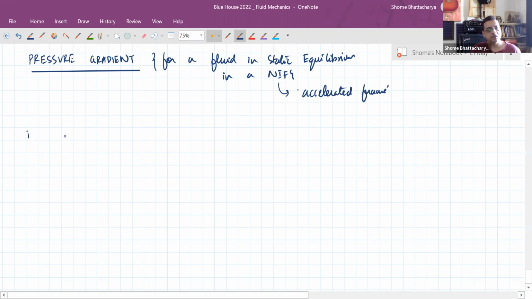So first case we'll see is in a vertically accelerated frame. So in this case, what happens is that the pressure gradient remains only vertical, but the value changes from minus rho g. Okay.